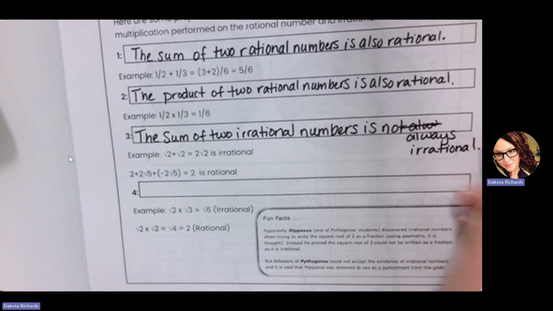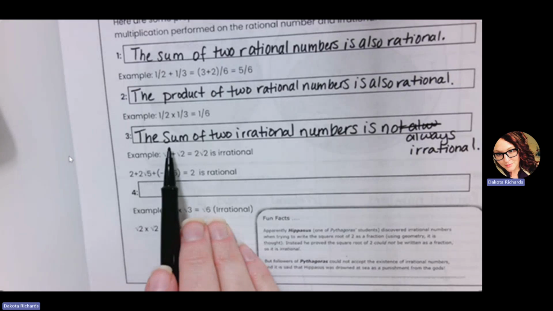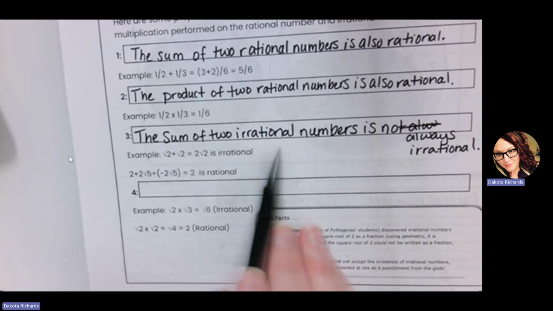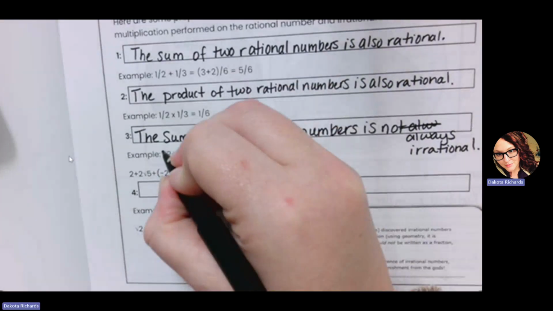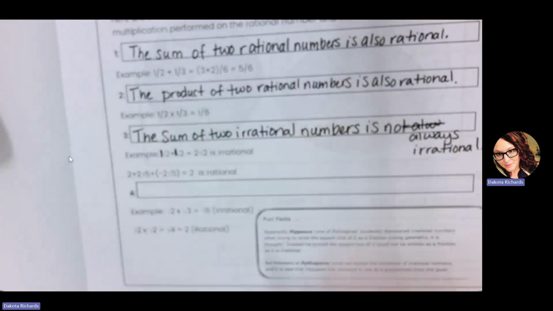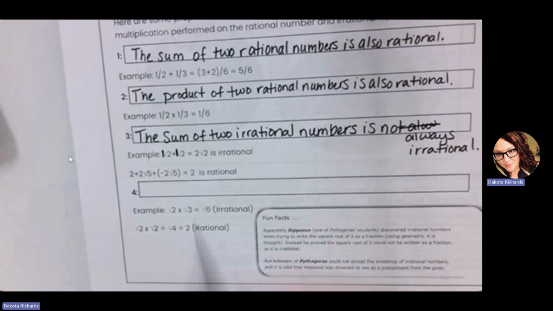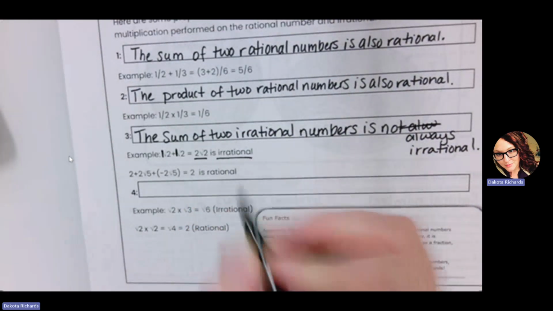You go either way. When you're adding two irrational numbers, sometimes it could work out and it could be rational. Okay, sometimes it's irrational. So it could go either way, basically. Example, if we had the square root of 2 plus the square root of 2. So again, imagine you've got a 1 here and a 1 here. 1 plus 1 is 2. 2 square root 2 is still irrational.